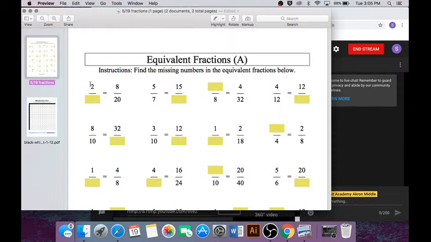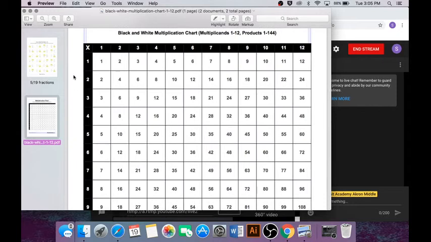So we're going to look at our numerator, which if you remember is our top number. And our top number went from 2 to 8. So using a multiplication chart, you can go to the 2 times table and you can find 8 and see that that was multiplied by 4.